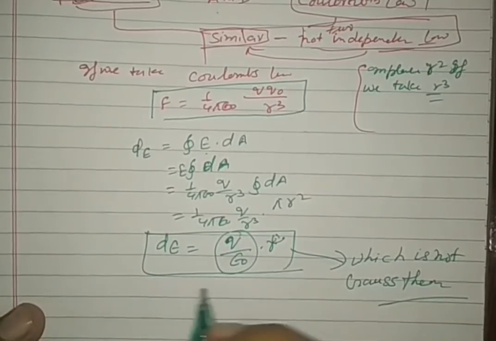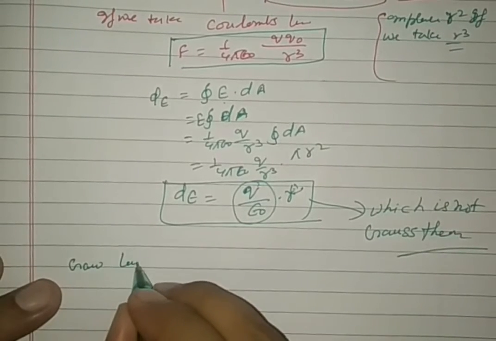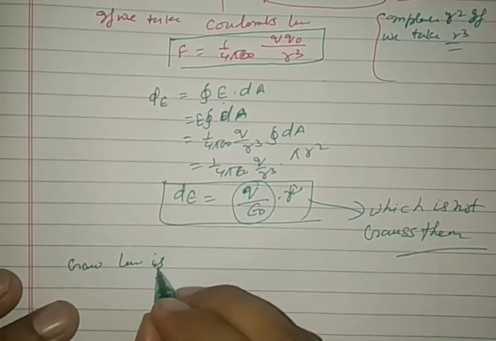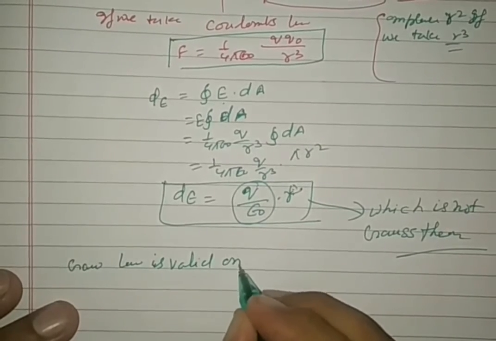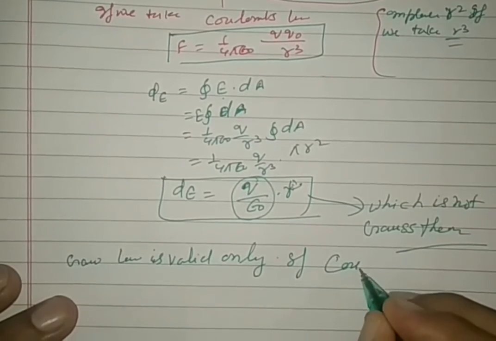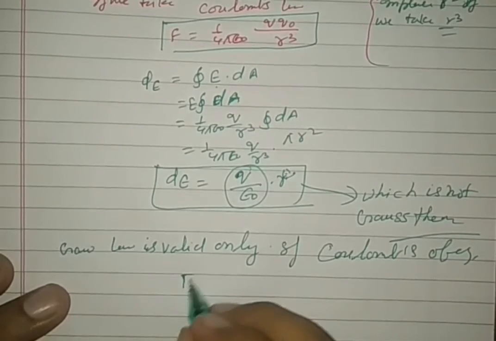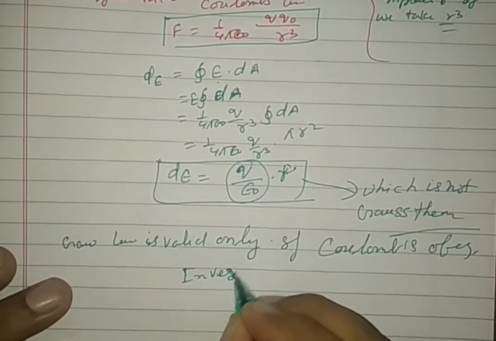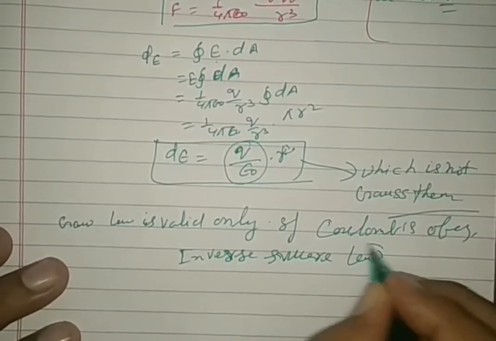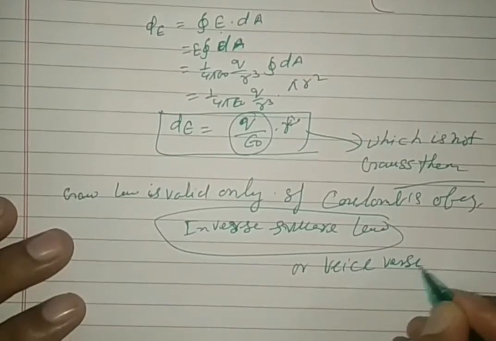So we can say Gauss law is valid only if Coulomb's law obeys the inverse square law, or vice versa.